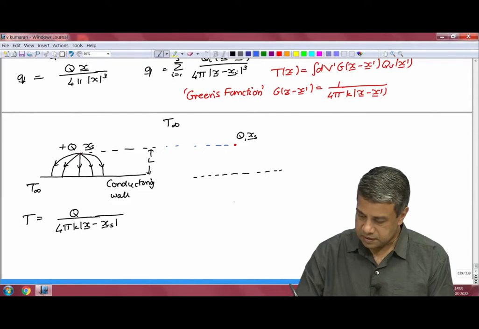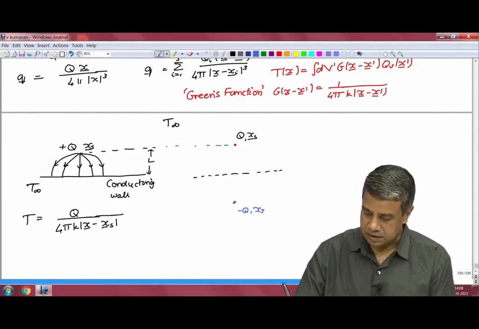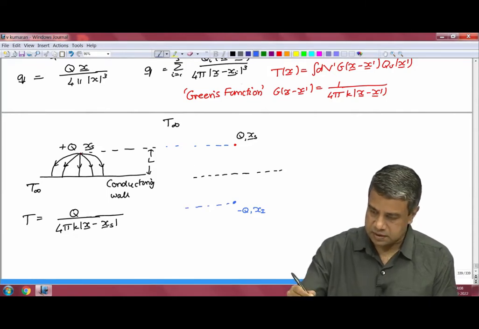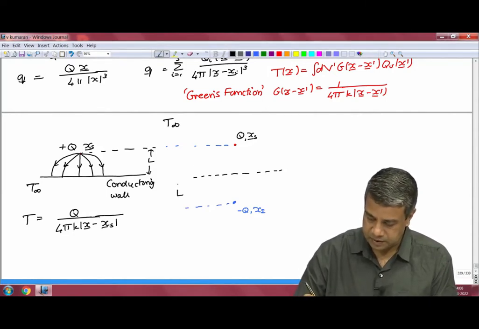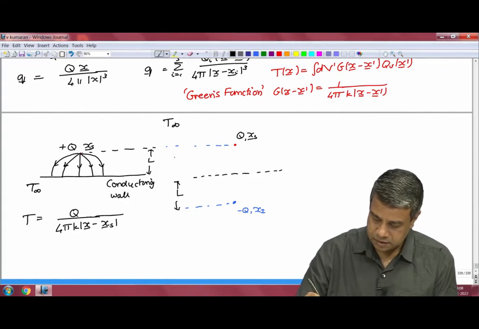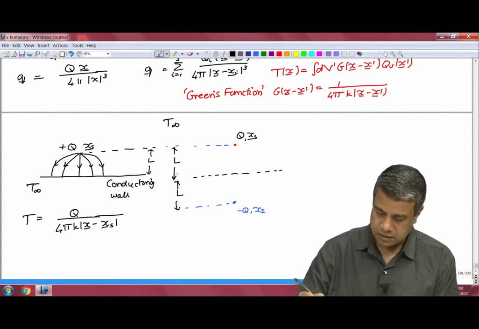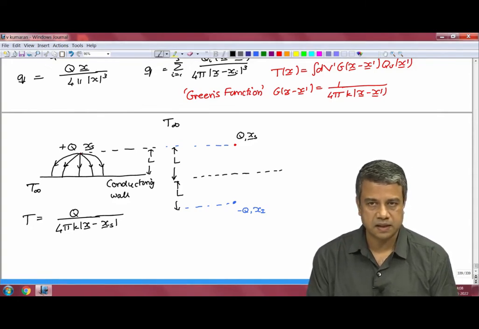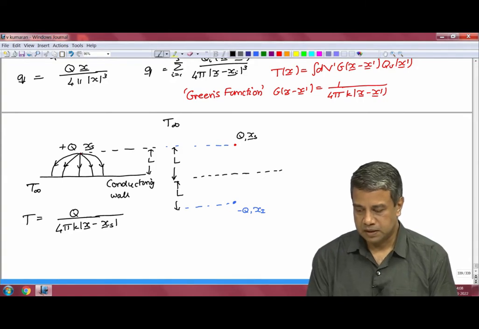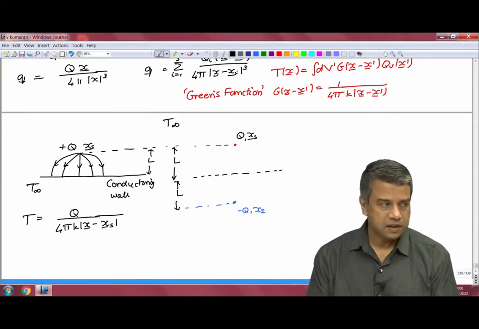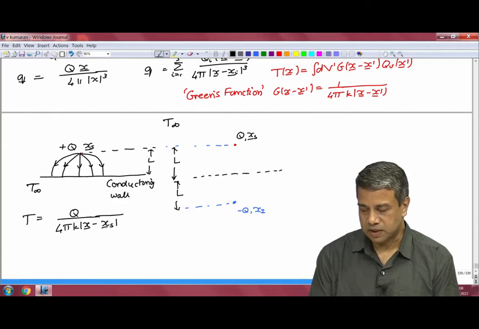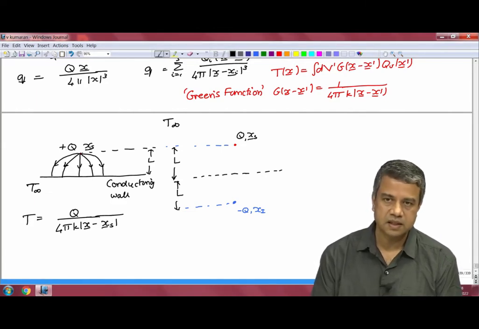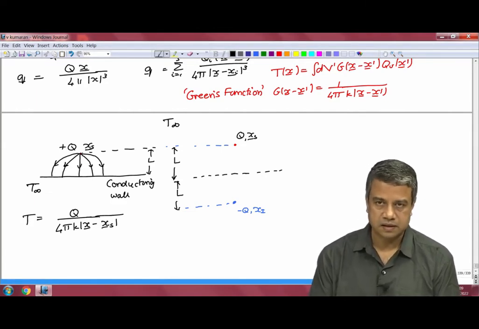Now, if I place minus q at a location x I, such that this distance is also equal to L. So, you have a source of strength plus q located at x s, whose perpendicular distance from the surface is L. I remove the wall and I place a sink minus q at the location x I, which is on the other side of the wall at a distance L from the wall.